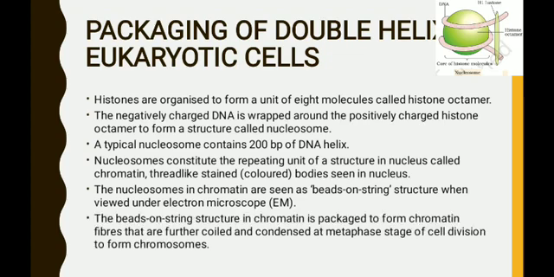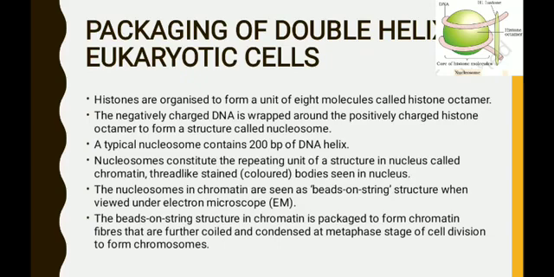The beads on string structure in chromatin is packaged to form chromatin fibers that are further coiled and condensed at metaphase stage of cell division to form chromosomes. Since the DNA is coiled around such histone octamers, a large size DNA is located within a small space. And when the DNA undergoes further condensation, especially at the time of cell division during metaphase stage, the condensed chromosomes appear.